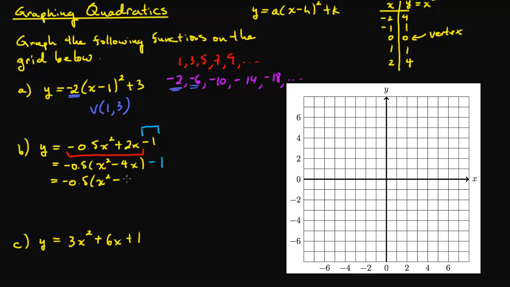So we get x squared minus 4x plus 4, minus 4, minus 1. We haven't changed the value of this expression because we've added 4 but also subtracted it. All we've done is add 0, which is an identity operation for addition.